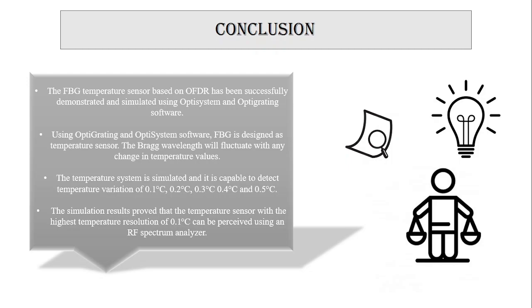The temperature system is simulated and is capable of detecting temperature variations of 0.1, 0.2, 0.3, 0.4, and 0.5 Celsius. The simulation result proved that a temperature sensor with the highest temperature resolution of 0.1 Celsius can be achieved using an RF spectrum analyzer.